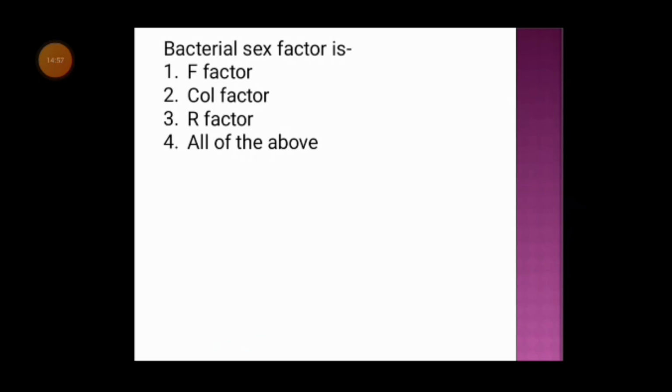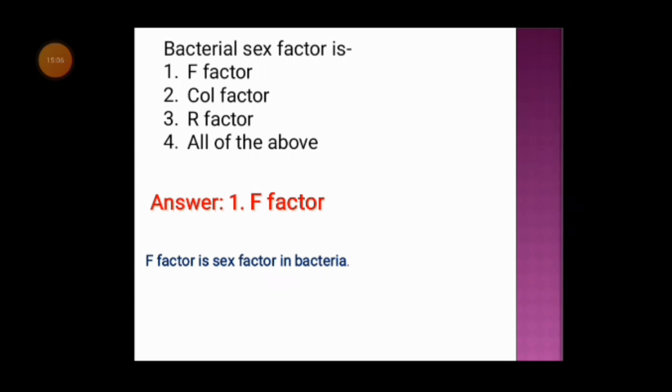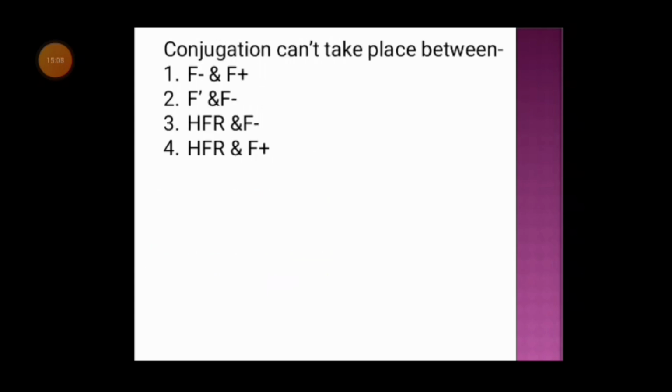Bacterial sex factor is option 1, F factor, option 2, col factor, option 3, R factor, option 4, all of the above. And the correct answer is option 1, F factor. F factor is the sex factor in bacteria. Next question. Conjugation cannot take place between option 1, F minus and F plus, option 2, F prime and F minus, option 3, Hfr and F minus, option 4, Hfr and F plus.